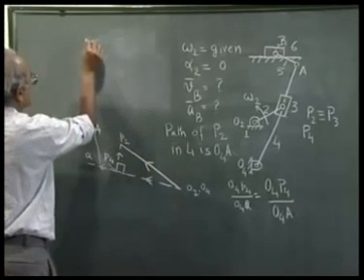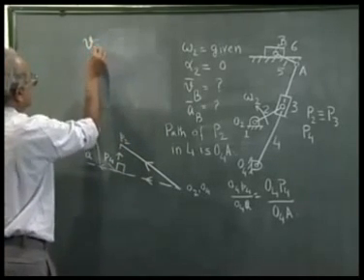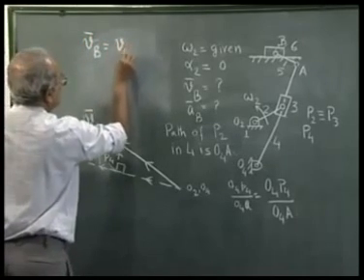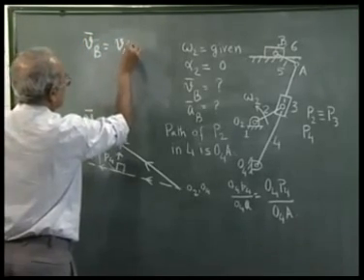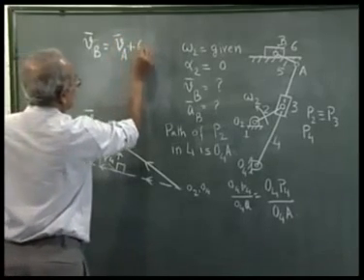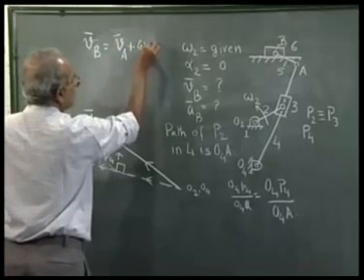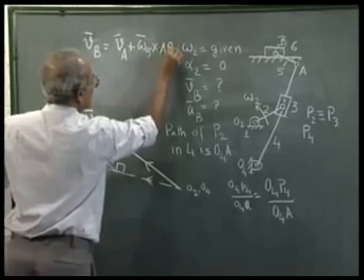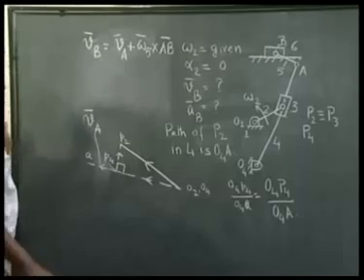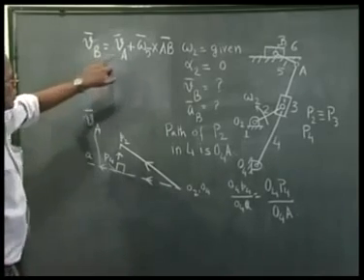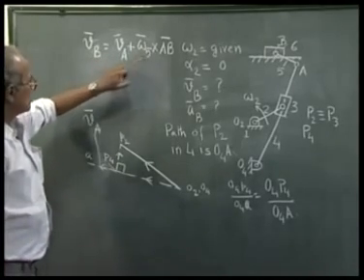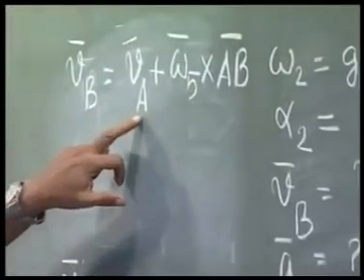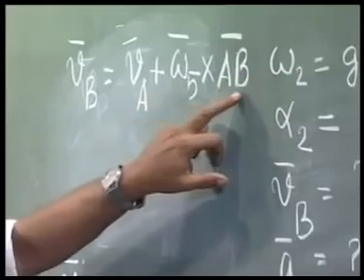So, I can write VB is VA plus omega 5 cross AB. A and B are 2 points on the same rigid body 5, so their velocities are related through this equation: Vb equal to Va plus omega 5 cross AB.